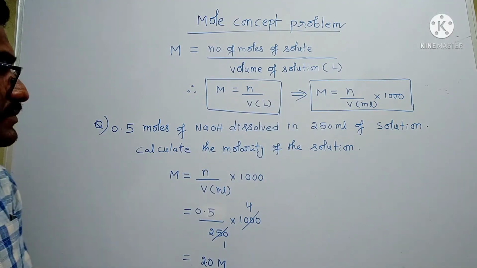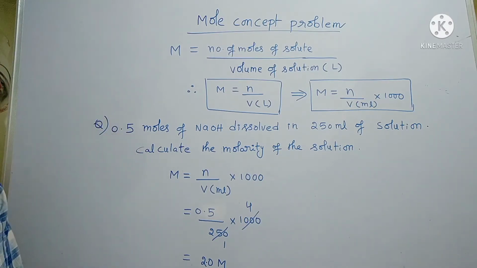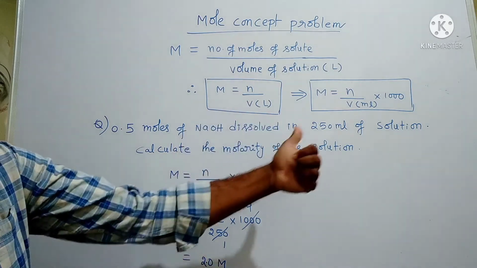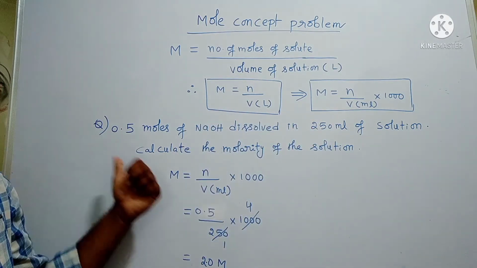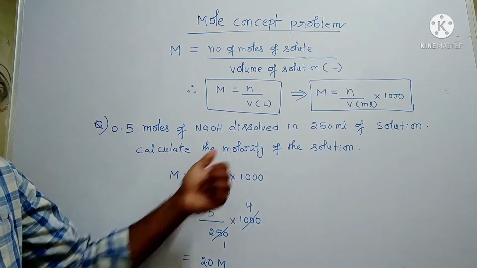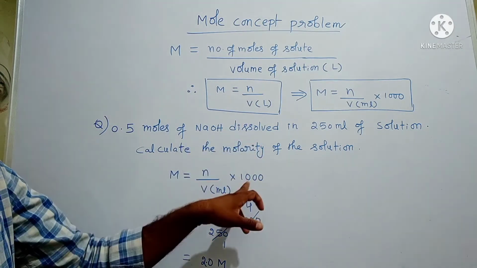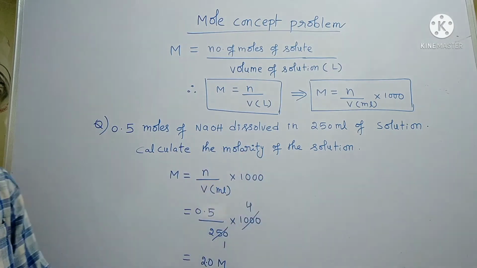1000. For example, 0.5 moles of NaOH dissolved in 250 ml of solution. Calculate the molarity of the solution. They will ask you like this. Here moles is given, volume of solution is given, and they are asking the molarity. So molarity M is equal to n by V into 1000.